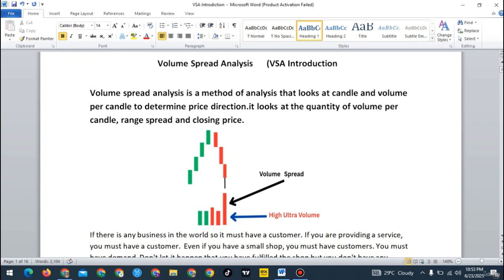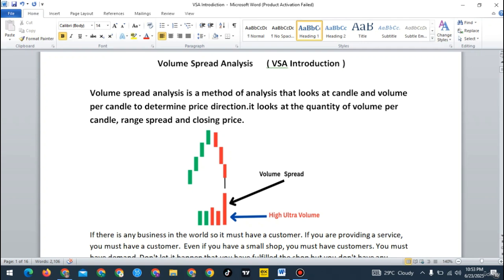You must learn the VSA because our trade is based on volume, because volume is a king. Volume confirms whether you will take the trade or not.